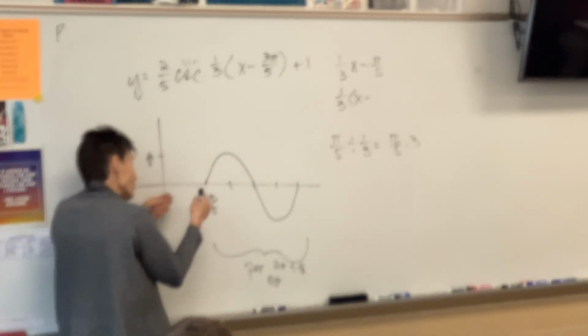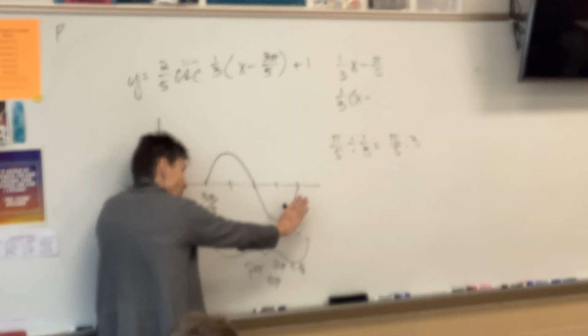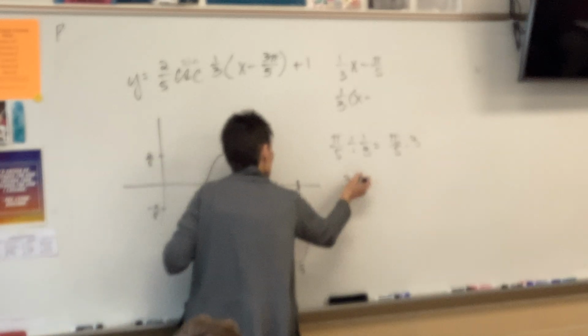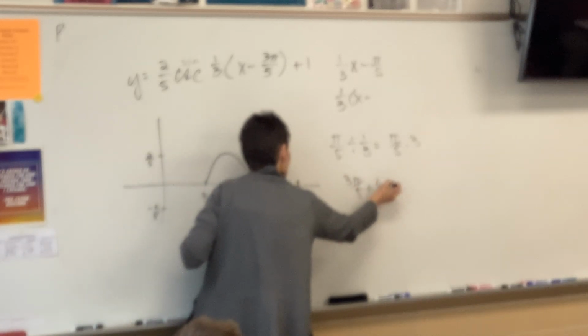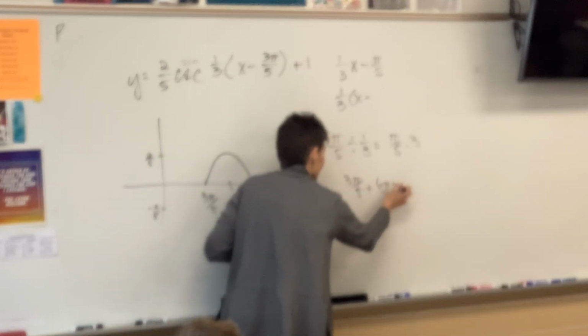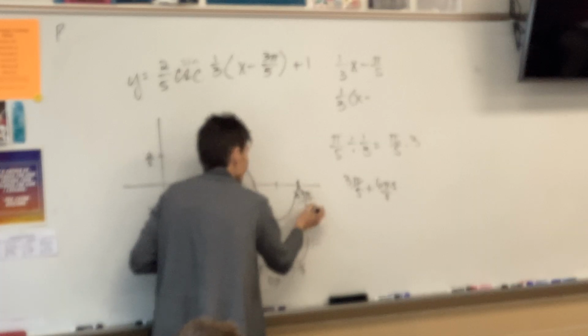So I am starting here and adding 6 pi to get my endpoint. So 3 pi over 5 plus 6 pi. So I get a common denominator, 33 pi over 5.